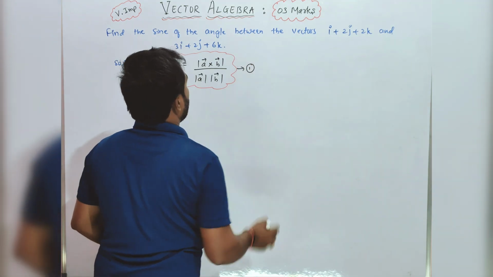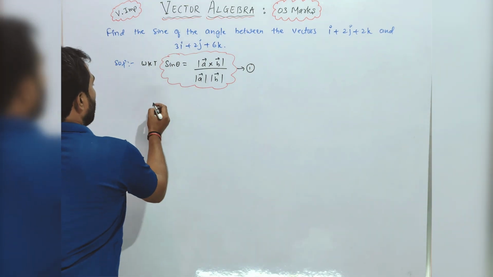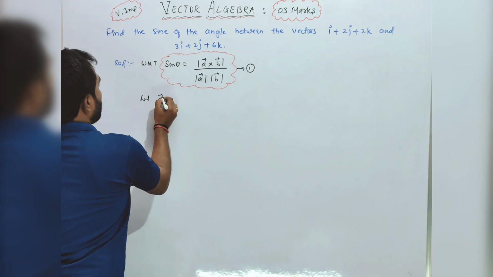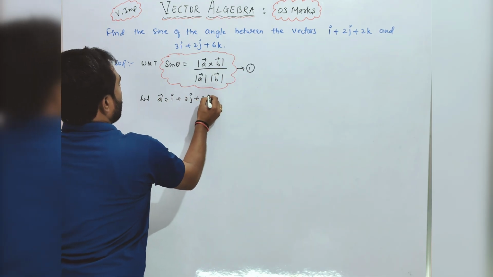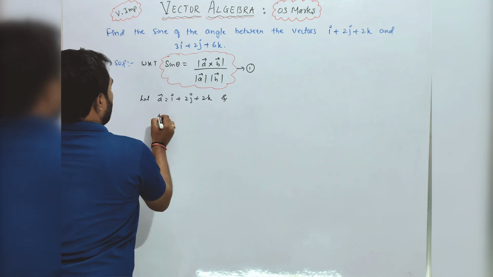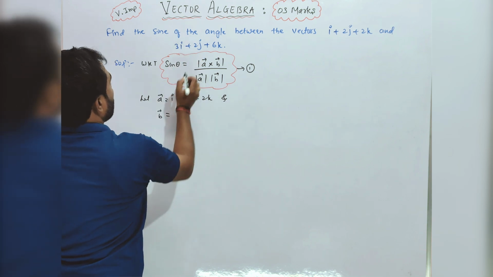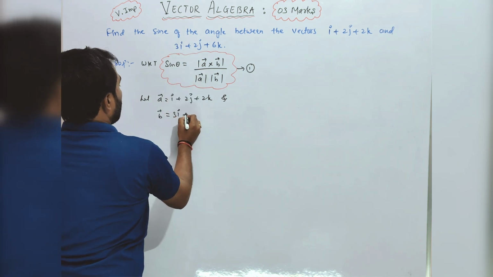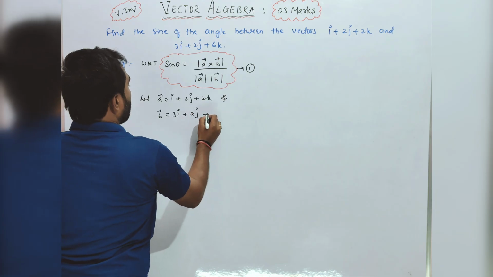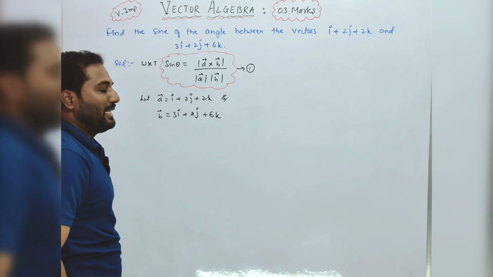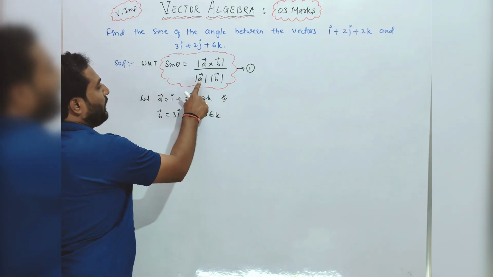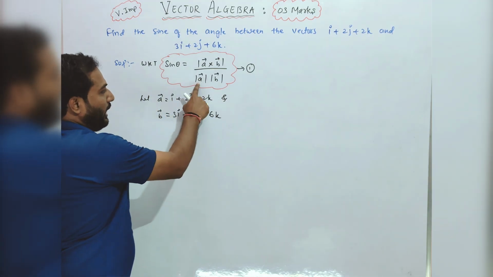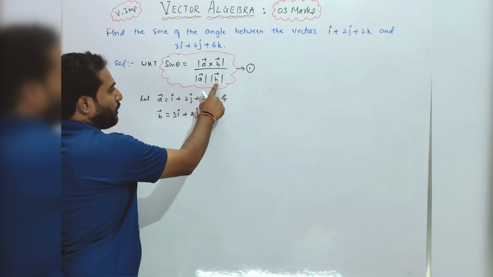we will take this as question number 1. And they have given two vectors. Let us take vector A as i plus 2j plus 2k and vector B as 3i plus 2j plus 6k, isn't it? So what we need? We need simply three terms: A modulus, B modulus.